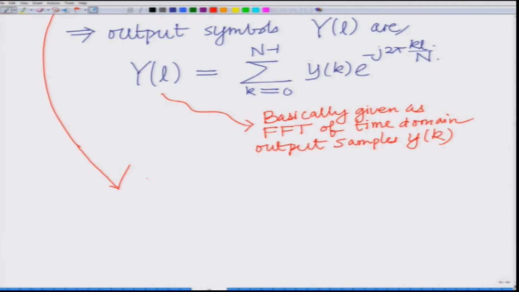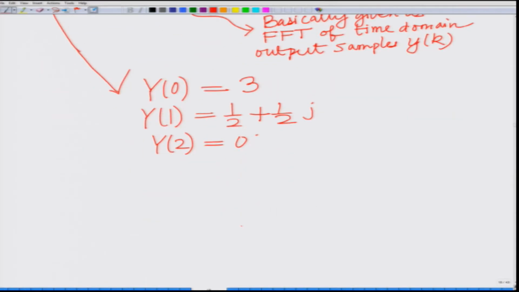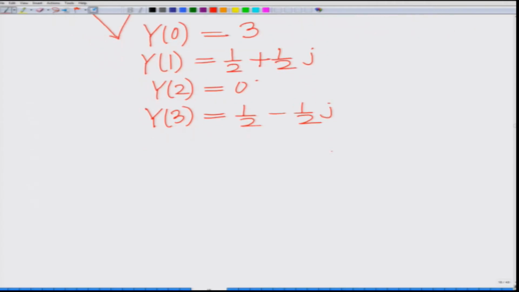Therefore, the output symbols across the various subcarriers are Y0 equals 3, Y1 equals half plus half j, Y2 equals 0, and Y3 equals half minus half j.